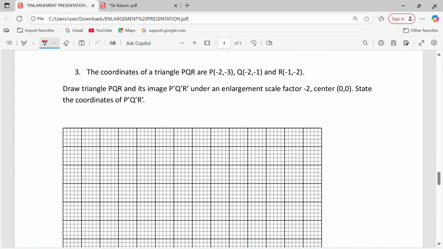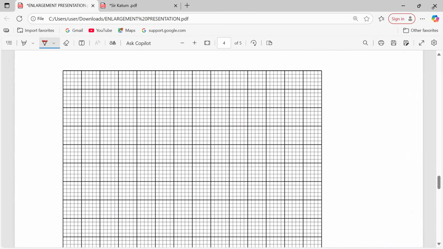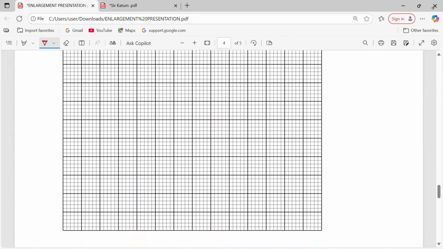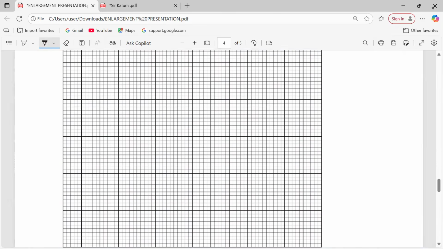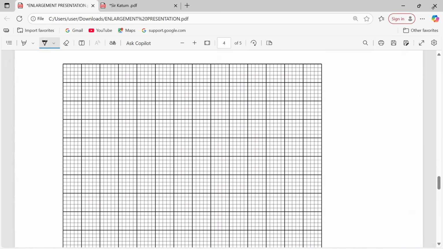Draw triangle PQR and its image P', Q', R' under an enlargement scale factor -2, center (0, 0). Then state the coordinates of P', Q', R'. So let us see how we do enlargement with a negative scale factor.